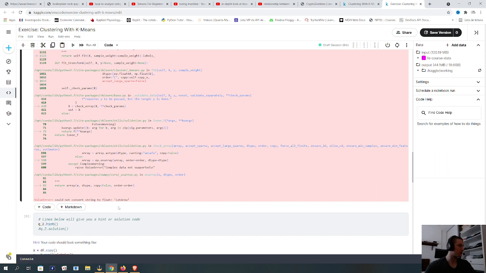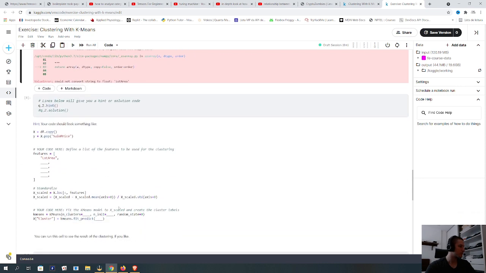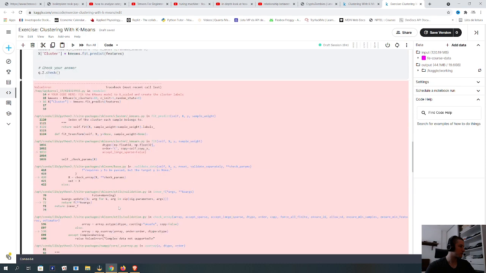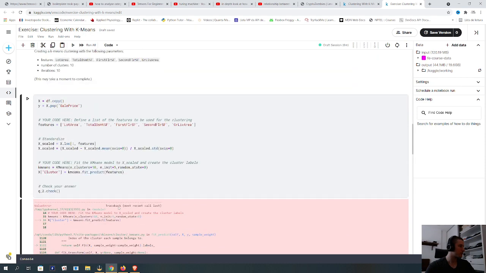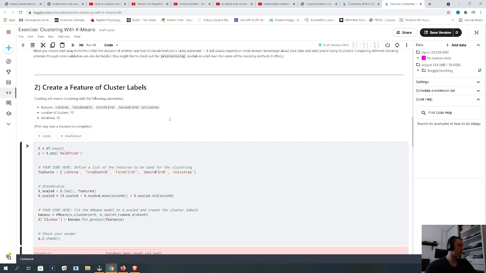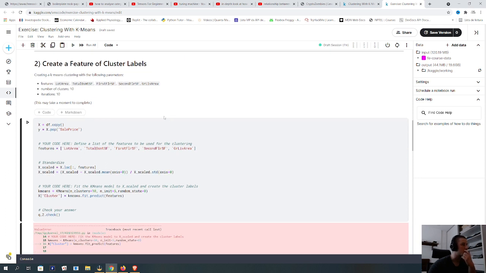Could not convert string to float, lot area. Yeah, if it's a categorical, I should apply one hot encoding or the other encoding before, but the exercise is not telling me to do that. Maybe if I put X features here again.